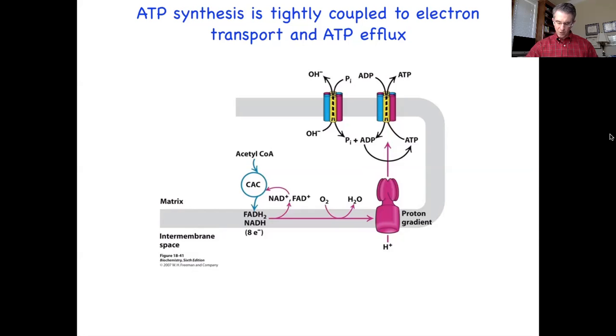There's also a hydroxyl phosphate antiporter that brings in the inorganic phosphate that's going to be needed to make ATP. That's an antiporter of hydroxyl. So flow through these channels is very tightly regulated with needs for ATP, activity down the electron transport chain, and the activity of the F1 and F0. Okay, that's more or less where we finish.